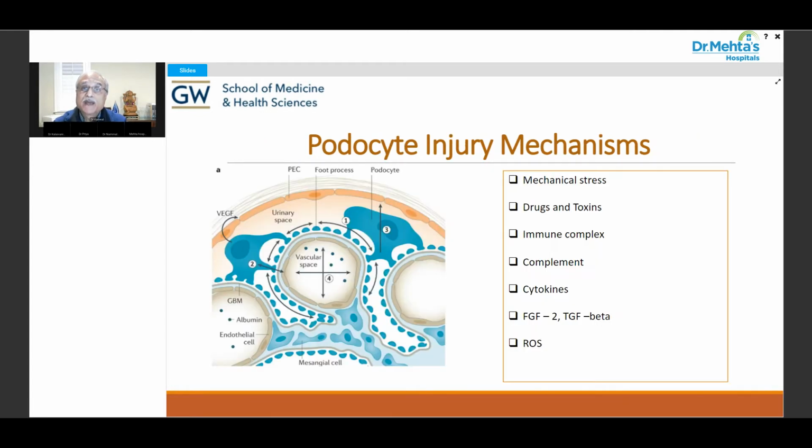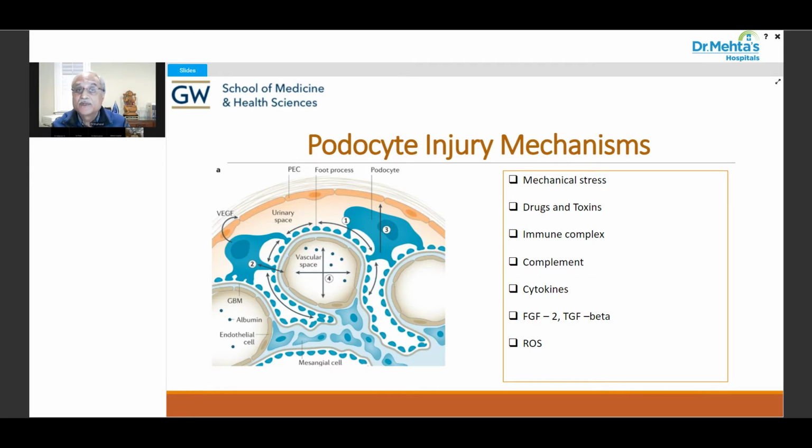What causes injury to podocytes? Many things. As you know, podocytes are mechanically stressed all the time with vascular expansion and contraction of the glomeruli. So mechanical stress is an important aspect of podocyte injury. Drugs and toxins, immune complexes, complement, cytokines, TGF-beta, FGF2, and reactive oxygen species.